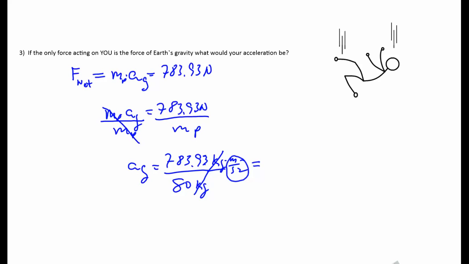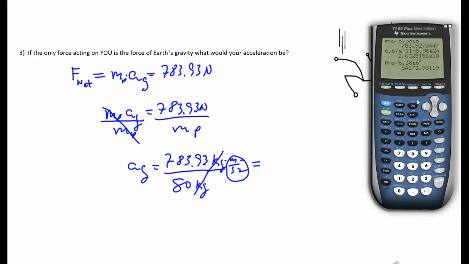We're looking for acceleration. Let's bring in our calculator, and we have 783.93 kilograms meters per second squared, divided by 80 kilograms. And that equals 9.7999. We'll round it off to the hundredths.